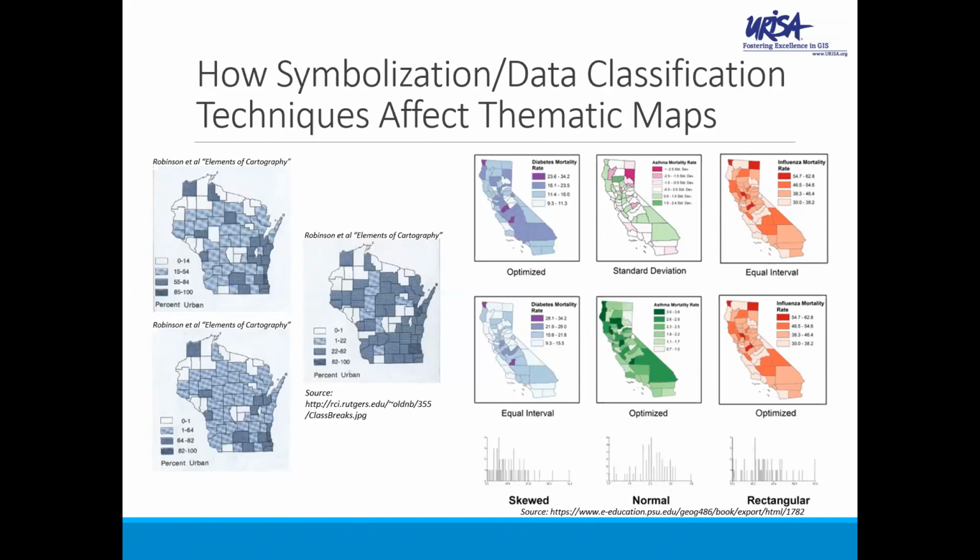You've got different classifications that can help you: equal range, quantiles, standard deviation, natural breaks. Make sure you review those to help you understand how your data classification techniques will affect a thematic map. Because you may be highlighting an outlier that you don't want to be highlighting, but you also may be covering it up and you don't want that to happen.